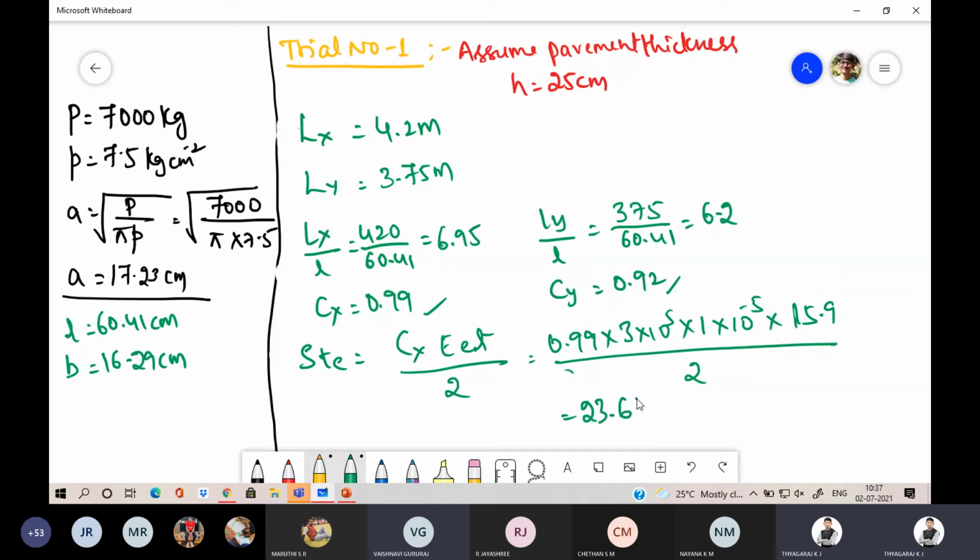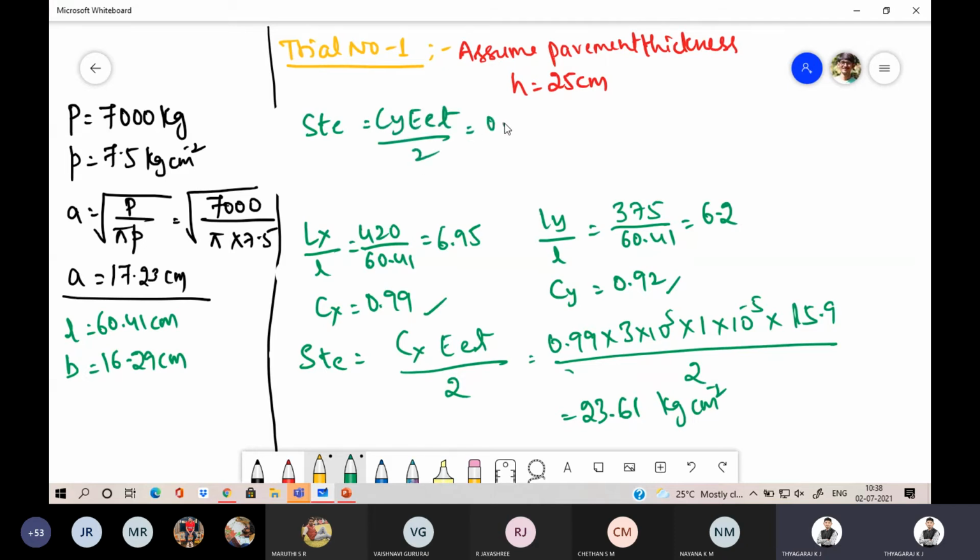23.61. So if you want, you can calculate it for Cy also. So I will calculate it here. St is equal to Cy E alpha T by 2. 0.92 into 3 into 10 power 5 into 1 into 10 power minus 5 into 15.9 divided by 2.